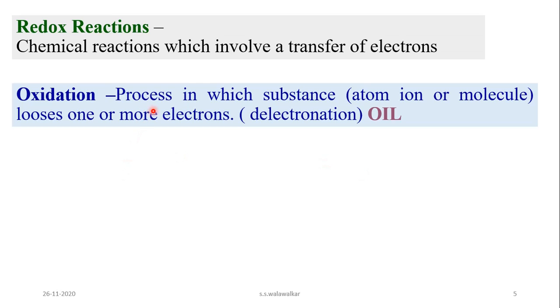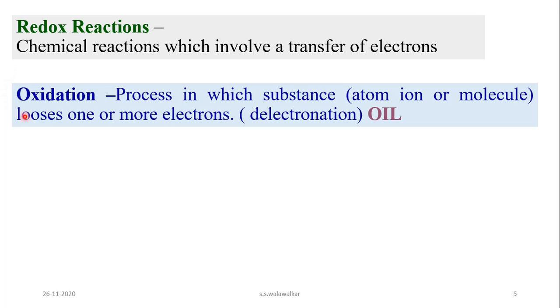Oxidation is a process in which a substance, that means ion, atom or molecule, loses one or more electrons. That is called oxidation. In short, it is a de-electronation process. And the substance which causes oxidation is called an oxidizing agent.